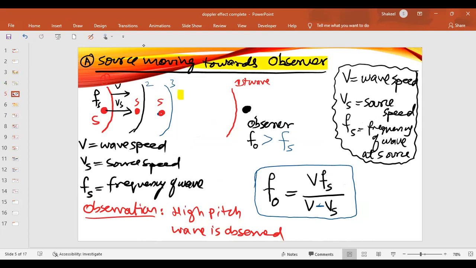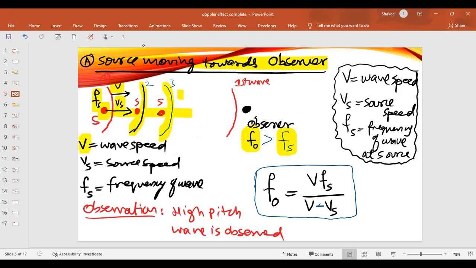Let's say this S is the source, which is producing a wave of frequency fs, and the wave is traveling with speed v, and the source starts moving towards the observer with speed vs. As the source moves towards the observer and emits a second wave here, a third wave here, the observer will observe the frequency of the wave as higher than the actual frequency because the source is moving towards the observer. So the observer will be receiving more waves every second than are produced by the source.